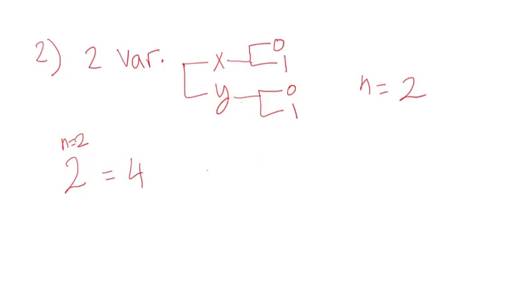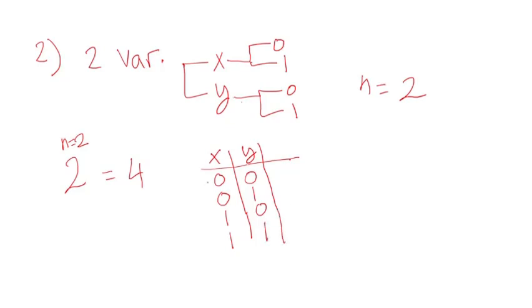So the way I would create the truth table is x here and y here. x and y can both be zeros, or x can be 0 and y can be 1, x can be 1 and y can be 0, or both can be 1.